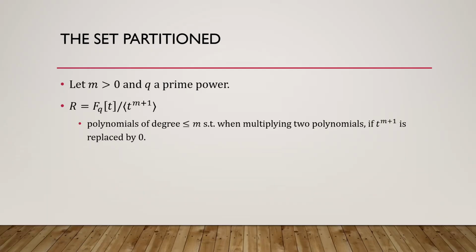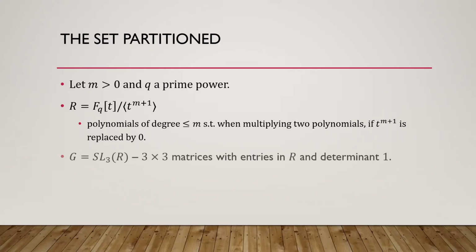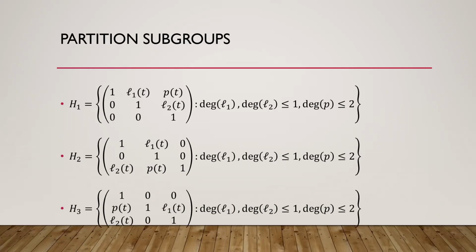Our group G is just going to be 3x3 matrices with entries these polynomials, with determinant 1, so the special linear group over these matrices. Okay, so it's just some group. And now you can ask what the subgroups are that I'm going to use. Let me put them here on the slide.